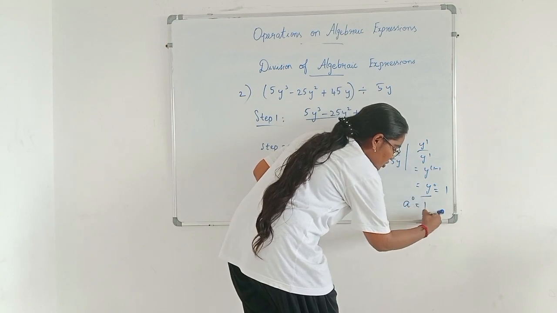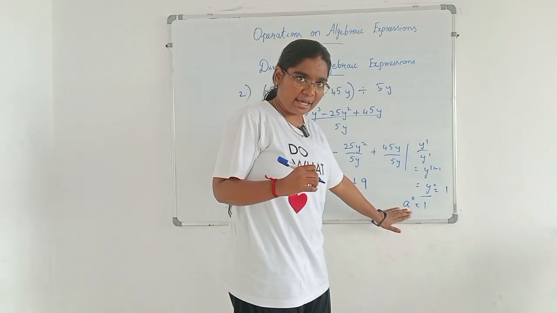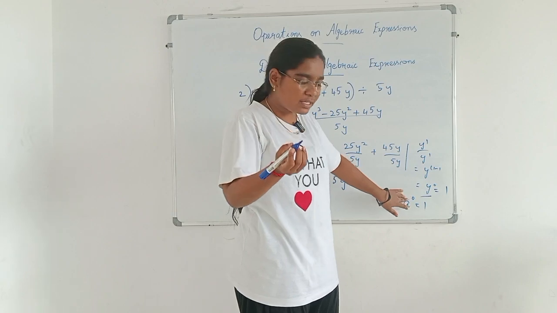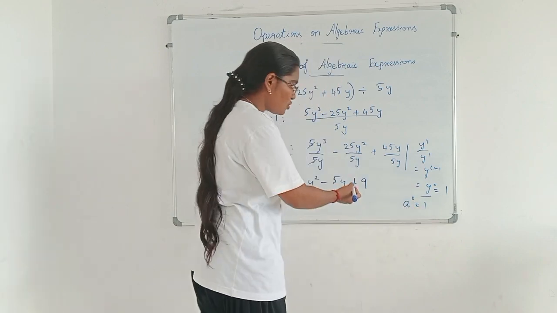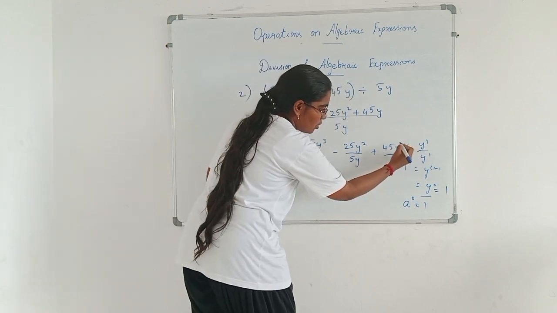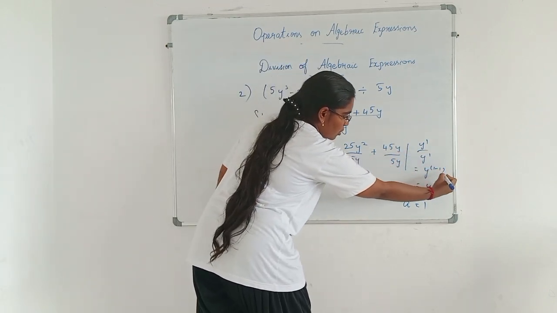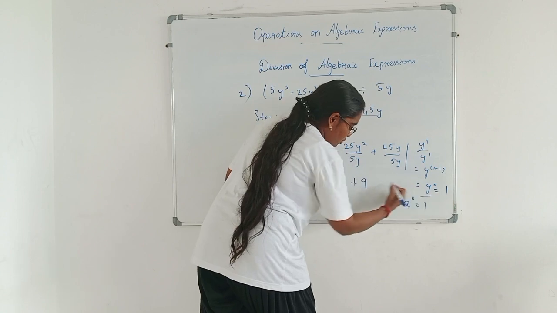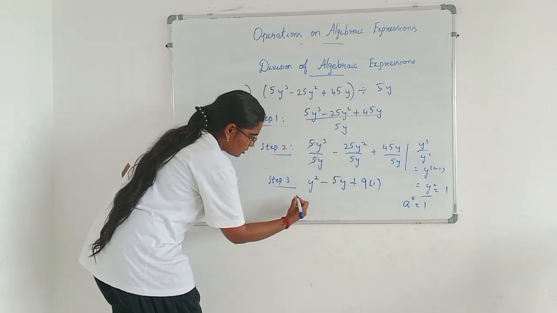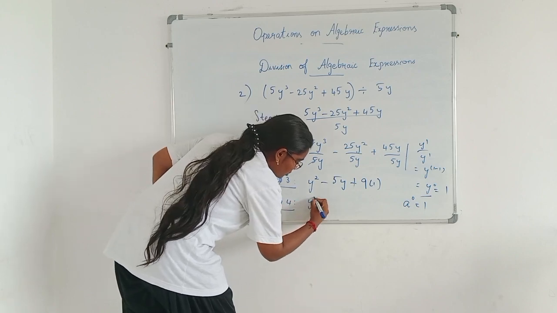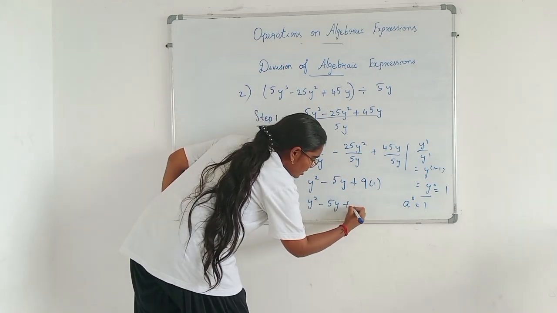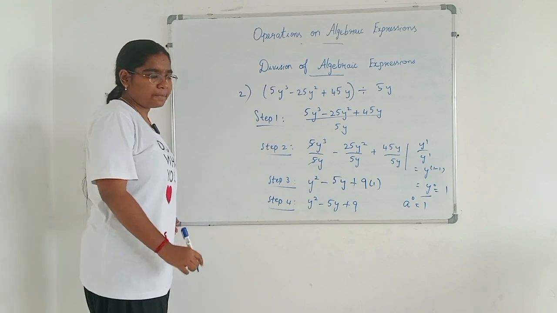The law is a to the power of 0 is 1. So here y to the power of 0 equals 1, so 9 into 1. So step 4, the final answer is y square minus 5y plus 9.